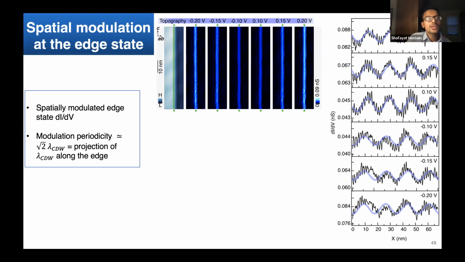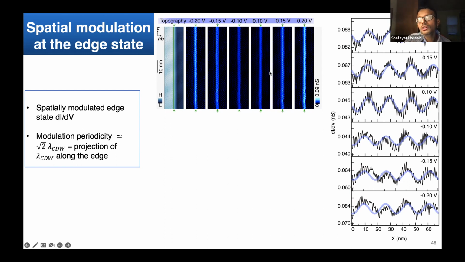So the edge state should show such an oscillation corresponding to the charge density wave. To do that, we looked into a larger topographic region, and then did systematic dI/dV maps at different biases. At first sight, it's not obvious that there are any oscillations.